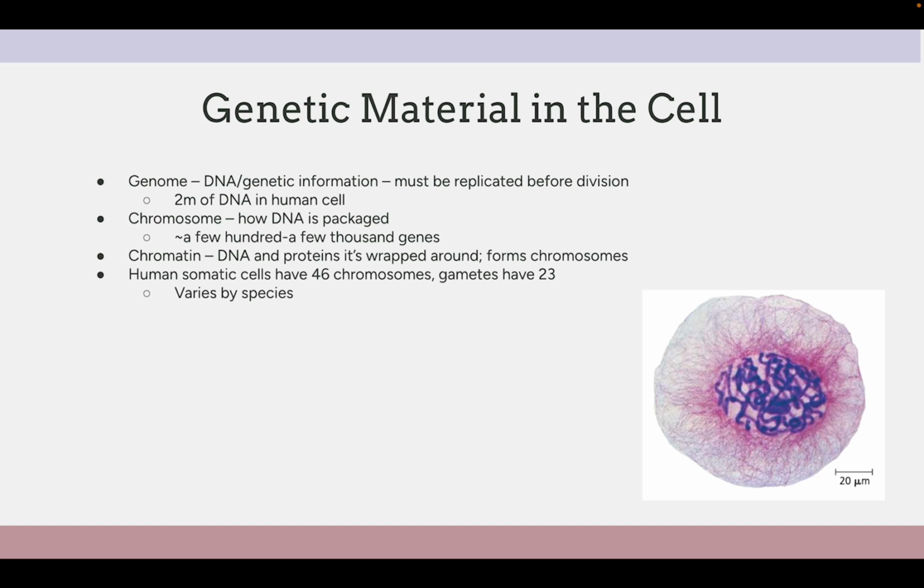And then something else to note is that human somatic cells, which means body cells, have 46 chromosomes, whereas gametes, which is egg or sperm, have 23 chromosomes, and this varies by species. So, fruit flies have 4 pairs of chromosomes, right? We have 23 pairs.